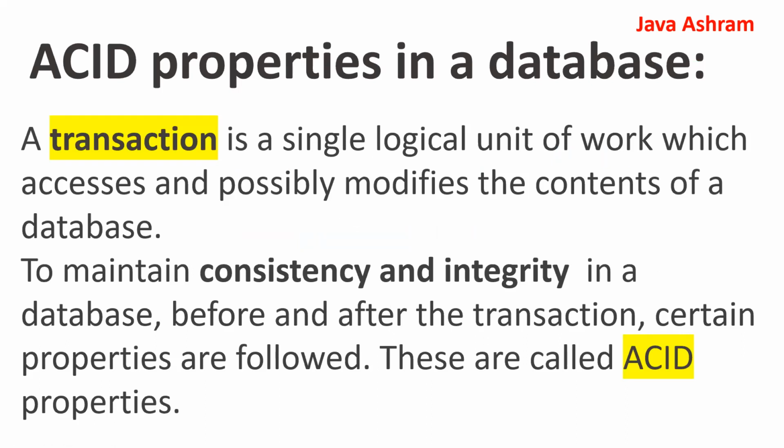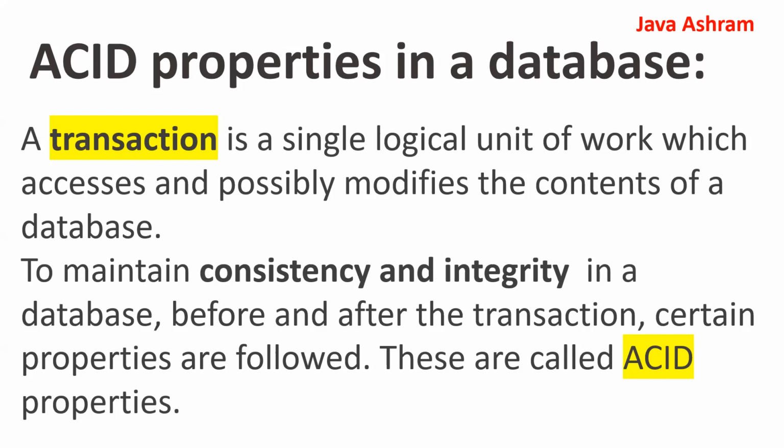So in a database, everything is about transactions. We use the database either to store the data or to process the data. Storing the data means we are doing some transaction and storing the content into the database.